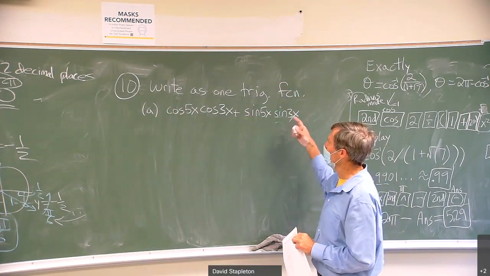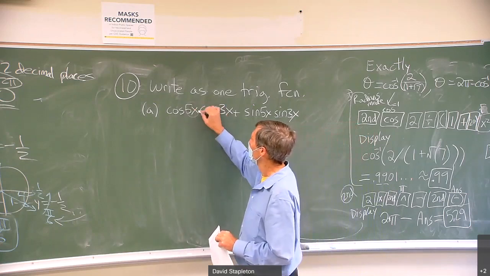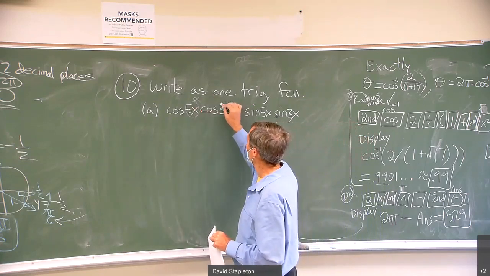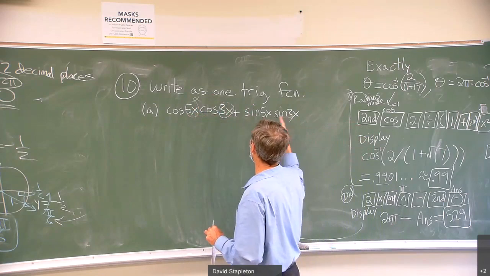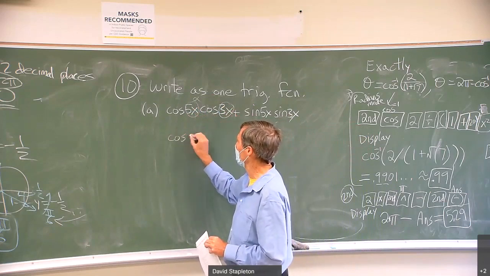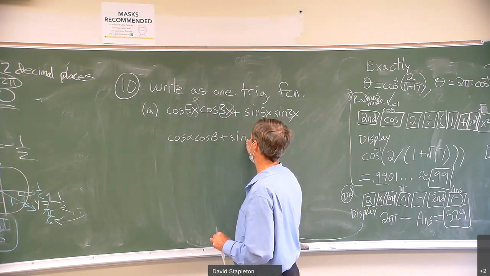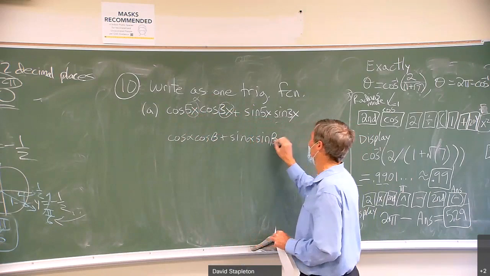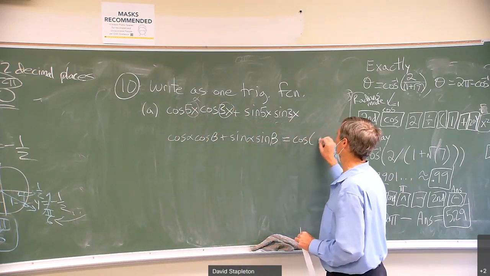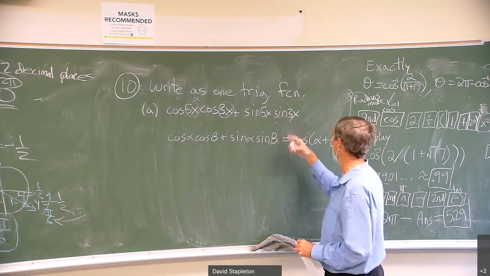The trick on these is to say, what does it look like that I've seen? If I say cosine cosine plus sine sine, that looks like a difference identity. I remember this one, cosine cosine plus sine sine is cosine of alpha minus beta. This is why you have to memorize those. You want to be able to look at this and say, that looks like something I know.